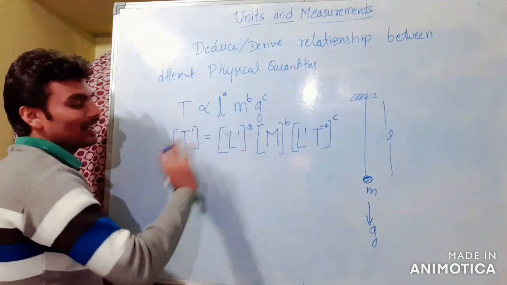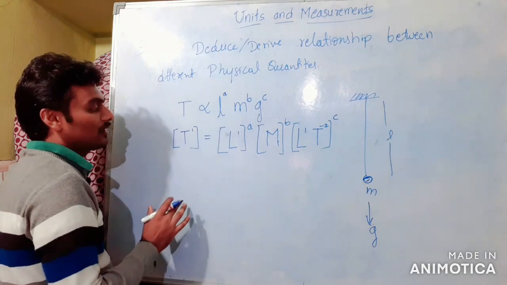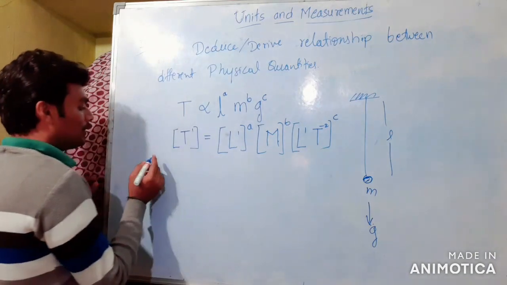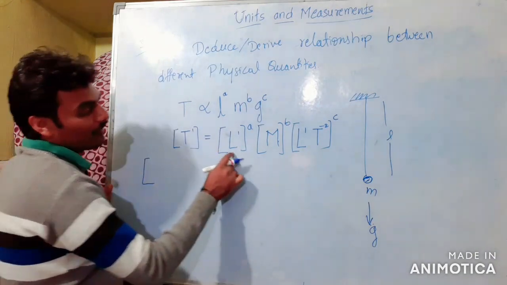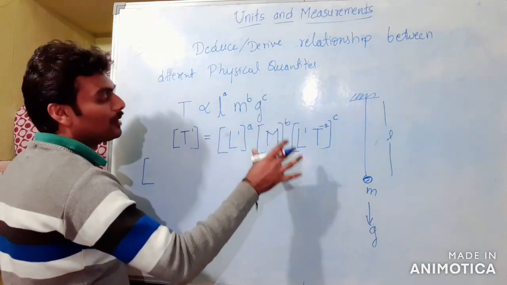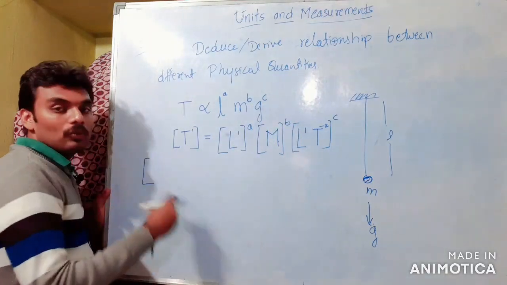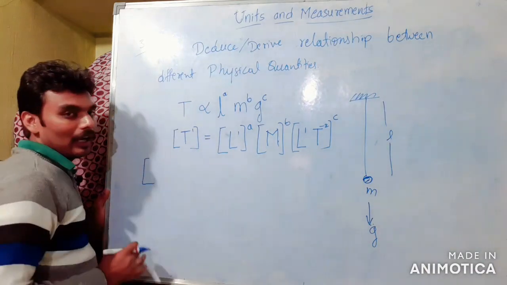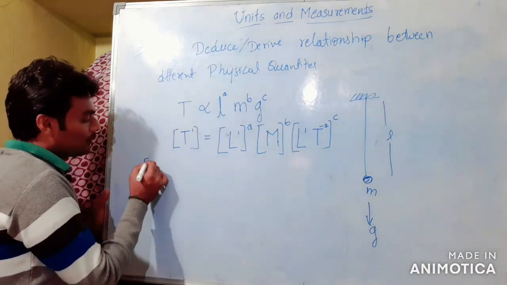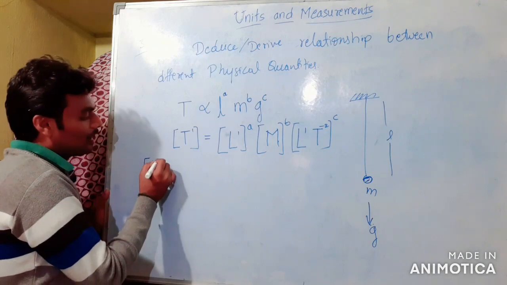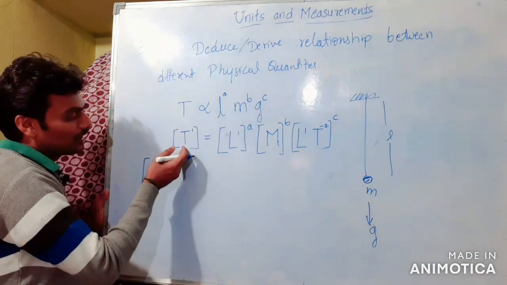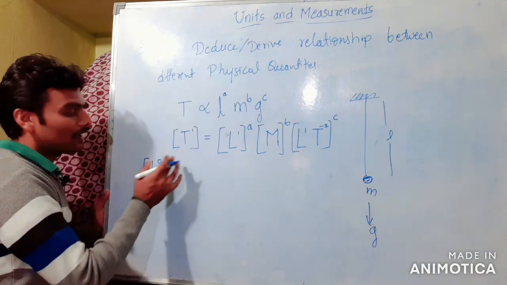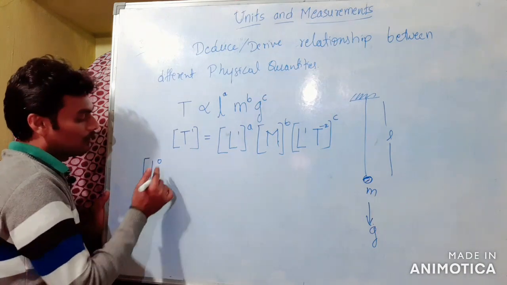Okay, we are just trying to balance the powers on both the sides, and instead of L1 I can put them, because since I have L, M, T all of them in the RHS, I also want to introduce all of them, L, M, T, in the LHS. So for that I can write this as L raised to 0, because there is no L term here, but I can write it as L raised to 0, that is simply 1.